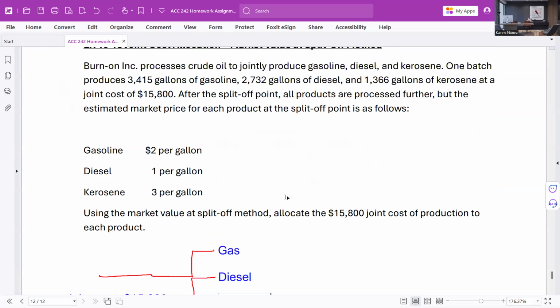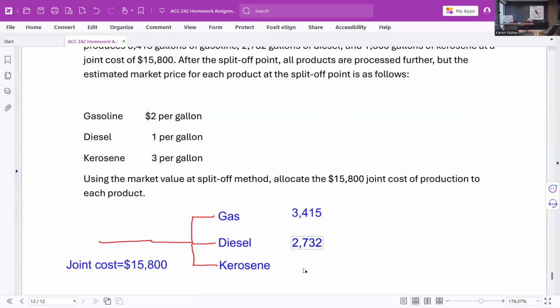So what we know here is one batch. When we receive the crude oil and we have one batch of crude oil, at the end of this joint process, what we end up with is 3,415 gallons of gasoline and 2,732 gallons of diesel.